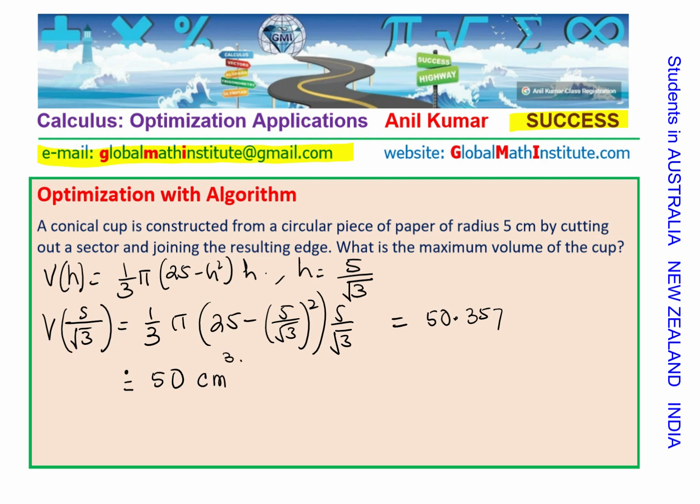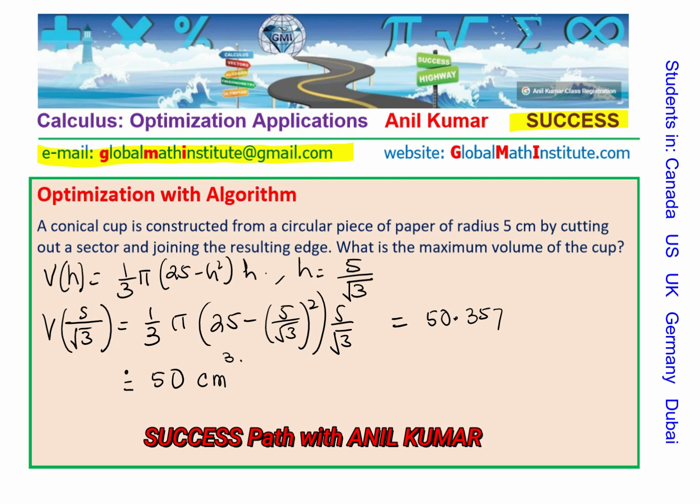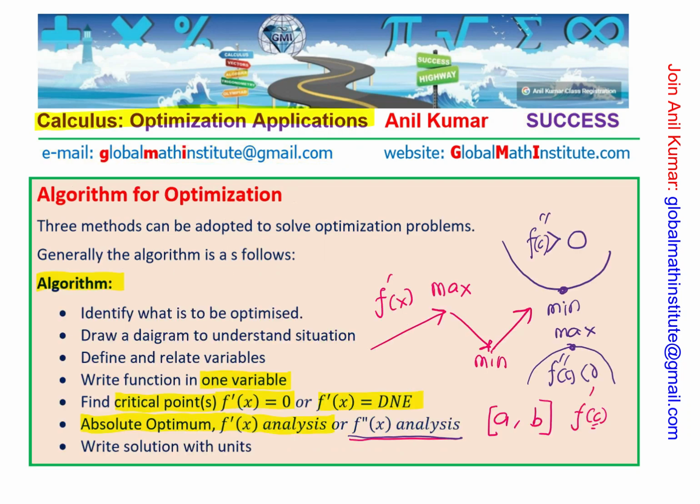Does that make sense to you? You can do the calculation once again. So that is how we get the expression, and then we find the maximum volume using three different ways for optimization, which are discussed in our algorithm. So you see in this particular example, we discussed all the three methods.